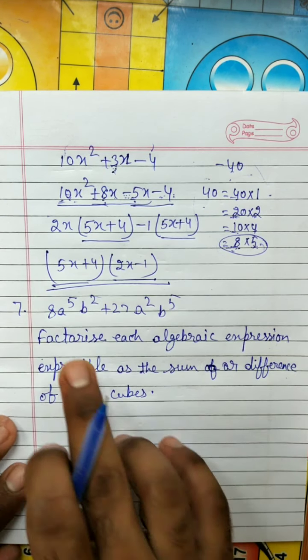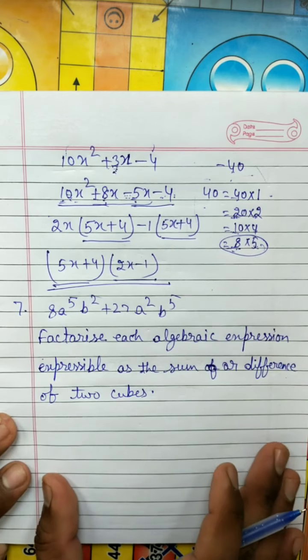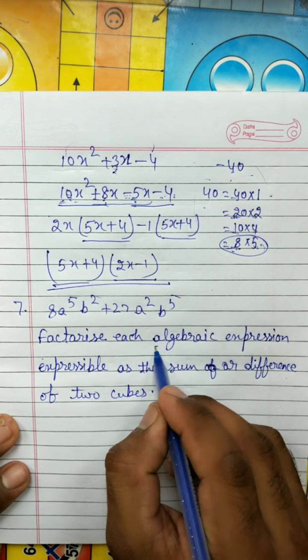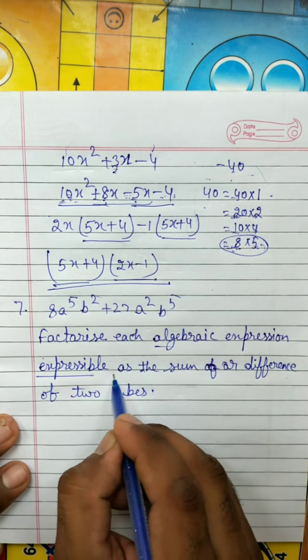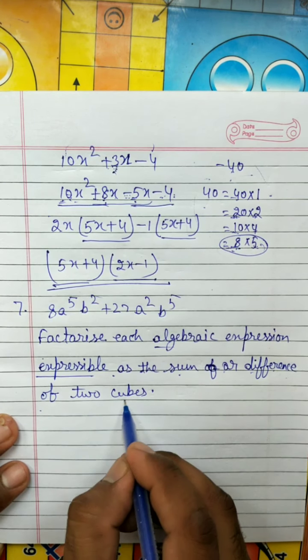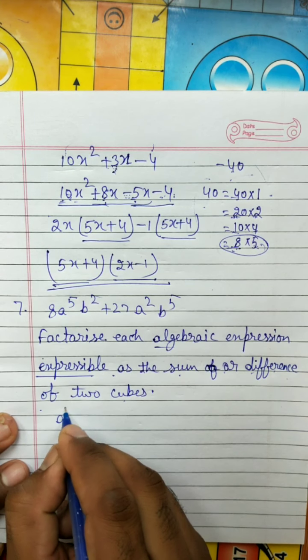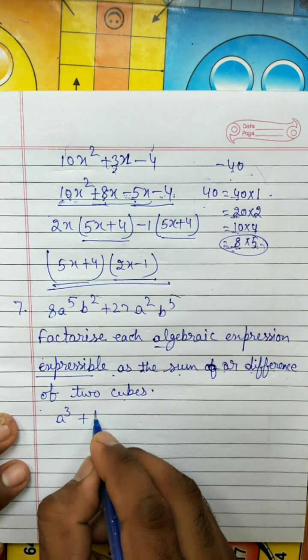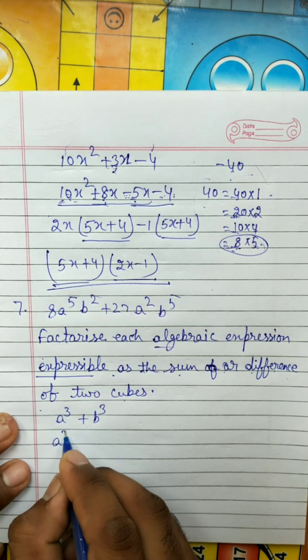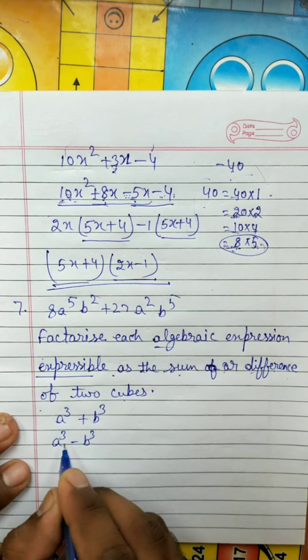Statement is given, we need to factorize the expression given below, and in it, the algebraic expression is expressible as the sum or difference of 2 cubes, meaning it will be either the sum or difference of cubes.